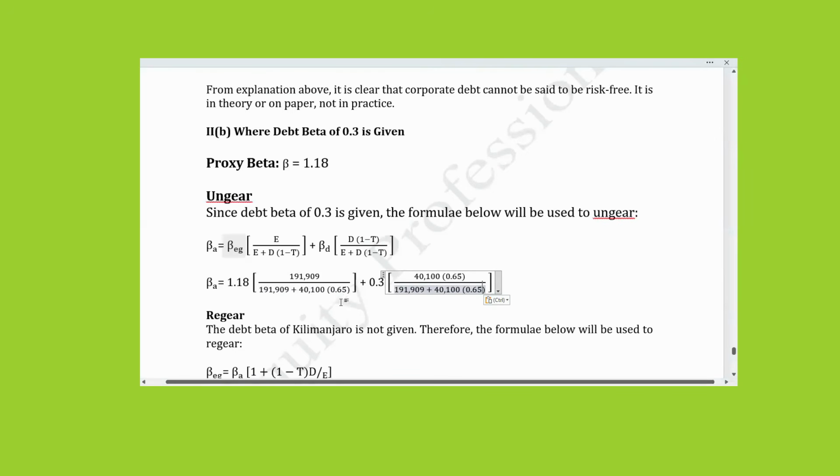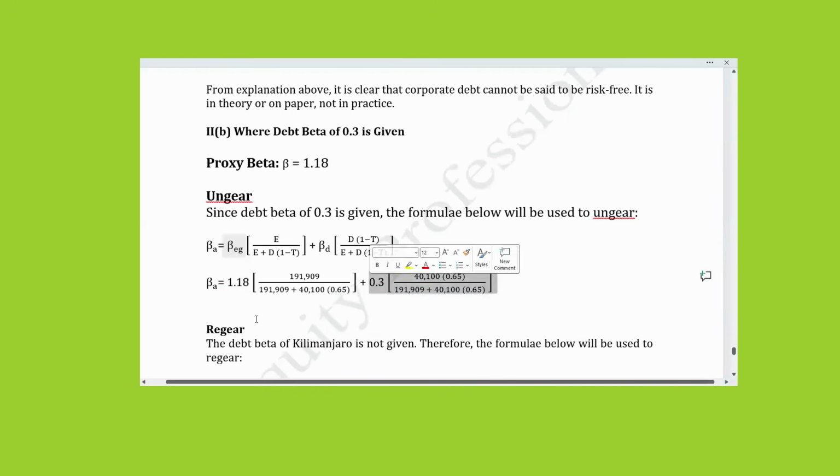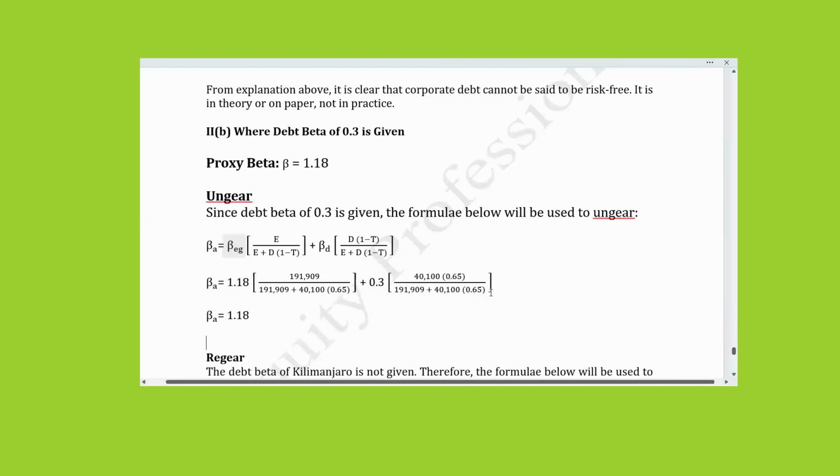So we have gotten the answer of the left side. Give me the answer of this other side where you introduce the debt beta. What do you have? We have calculated this one before to be equal to 1.04.